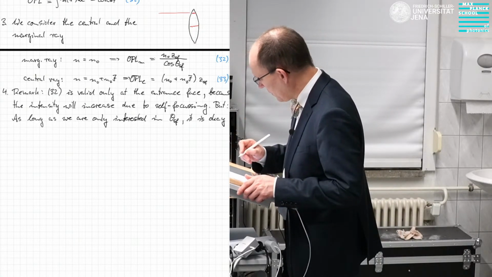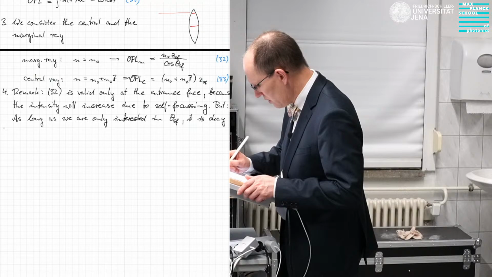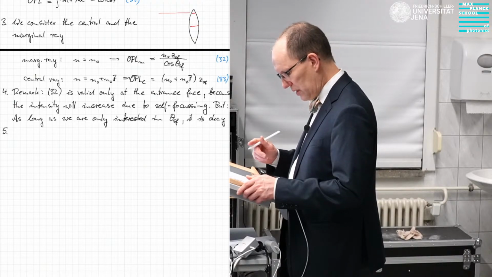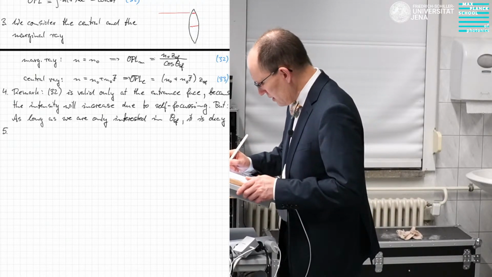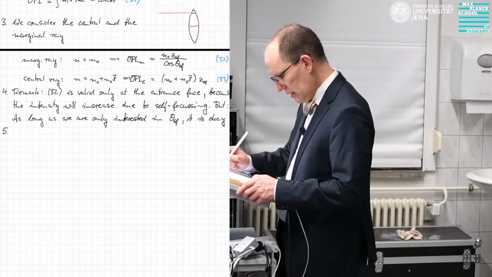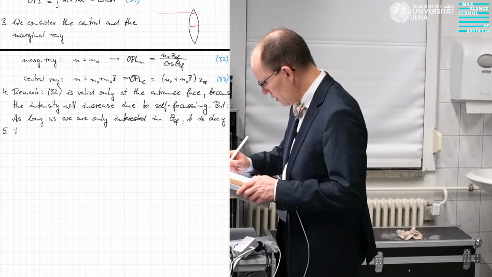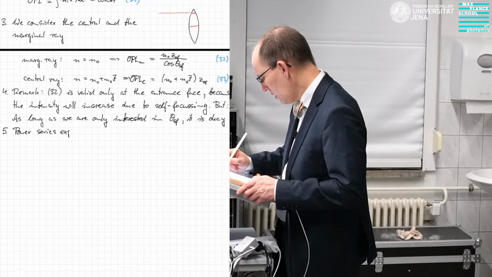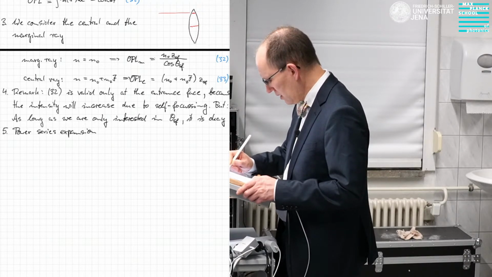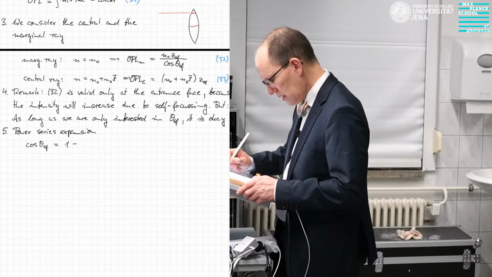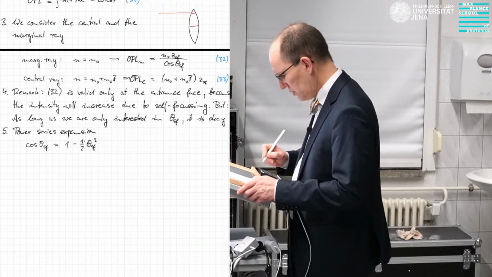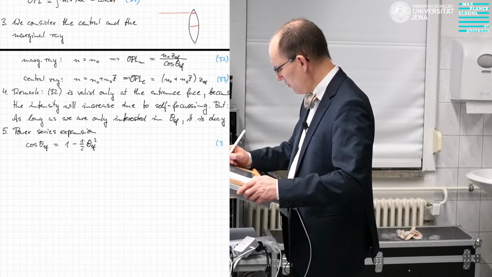But now we equate equation 32 and 33, using a power series expansion. This means that cosine theta SF is equal to 1 minus 1/2 theta SF squared. This is equation 34.